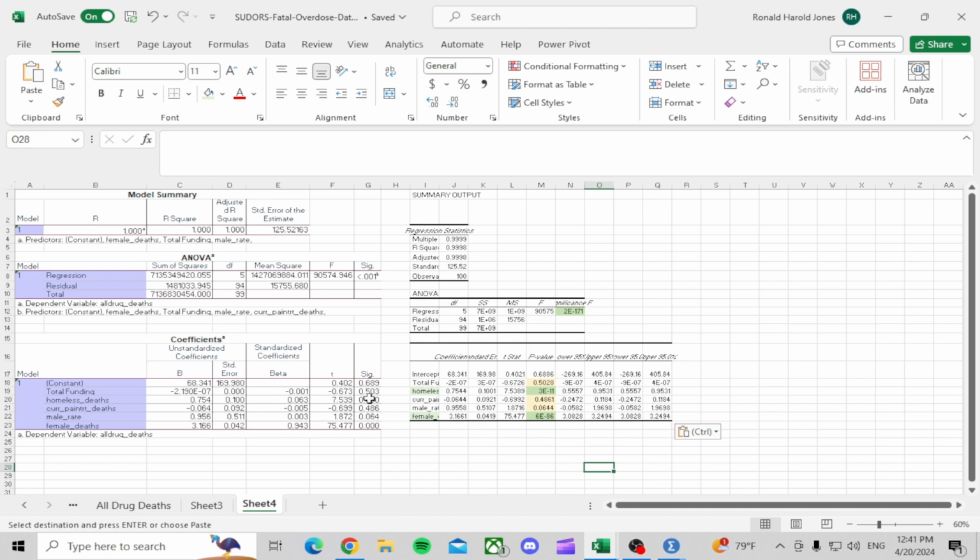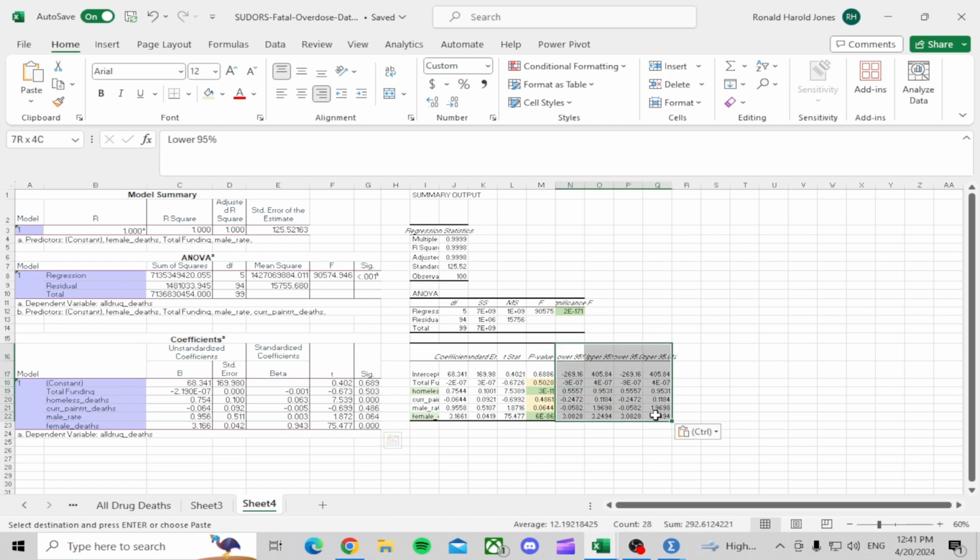You have your coefficient right here, 68.341, 68.341. You have your standard error. You have your test statistic, and then your p-value significance.